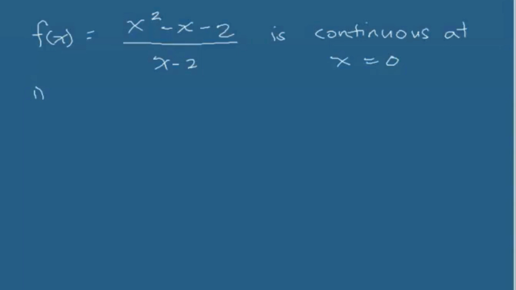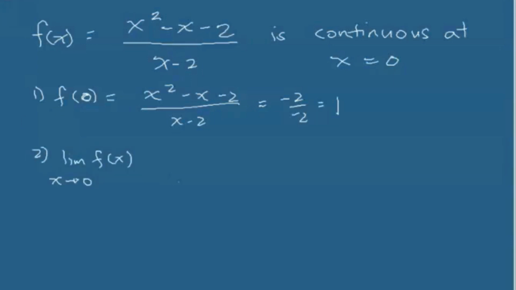The first step is to determine if f of c exists, so f of 0 exists. f of 0 equals x squared minus x minus 2 over x minus 2; by substitution, it's negative 2 over negative 2, which is equal to 1.